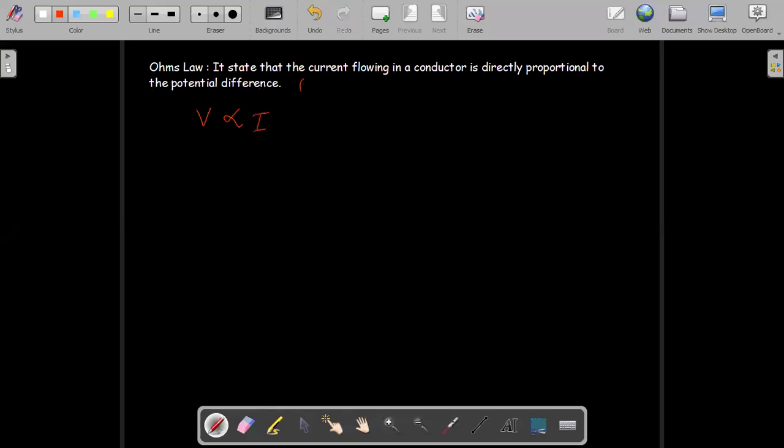So according to Ohm's law, the current flowing through a conductor is directly proportional to the potential difference, provided physical conditions like the dimensions of the wire, that is length, area of cross section, temperature, and other factors remain the same.